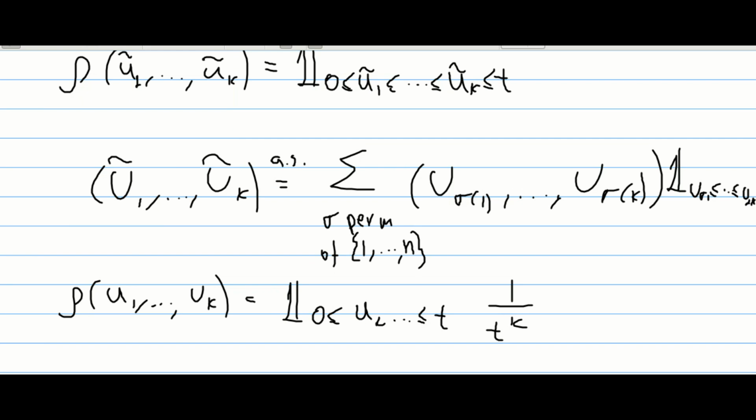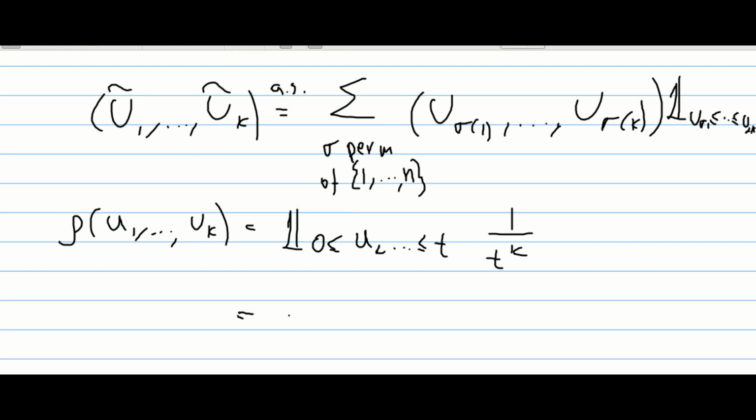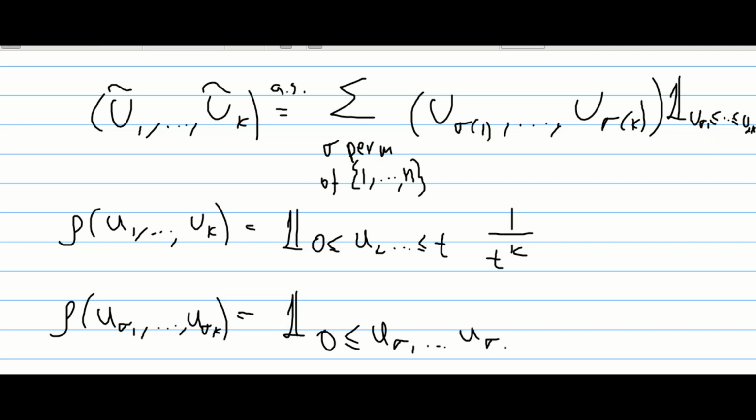The distribution of the permuted sequence, for a fixed permutation, right, is 0 smaller than u sigma 1, don't need to be ordered here, sigma k is smaller or equal than t. And the same thing. So the permutation does not change the distribution of the uniforms.